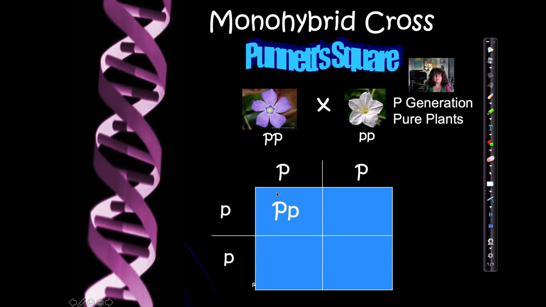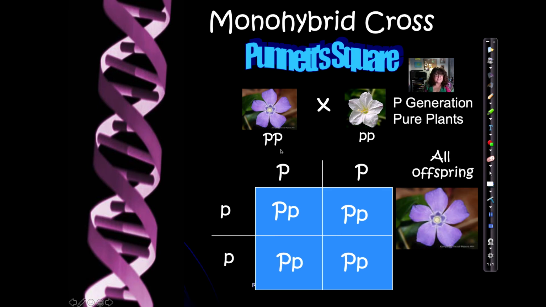Okay, so if this is big P, little p, then this one over here would be big P, little p, and this one down here would be big P, little p, and this one over here would be big P, little p, because the parents are all the same. So all they have to give, this one only has big P's to give, and this one only has little p's to give. So you've got big P, little p in all of them.